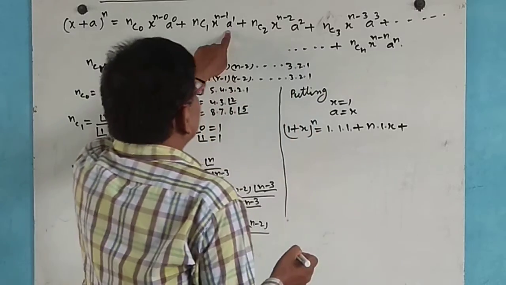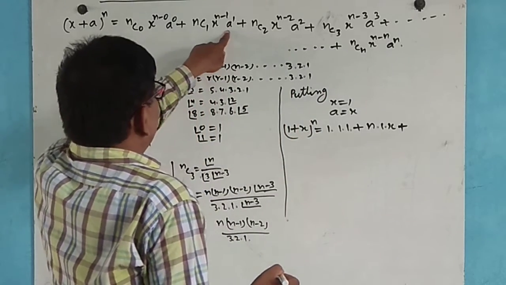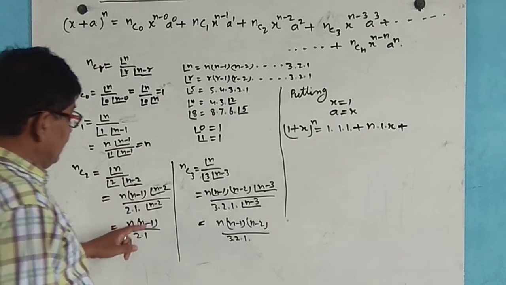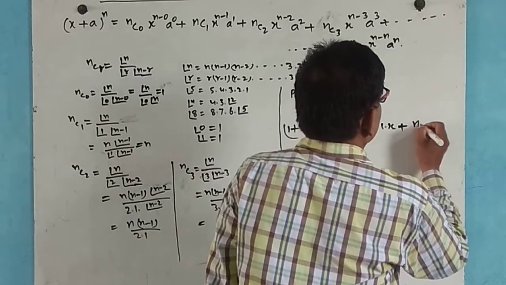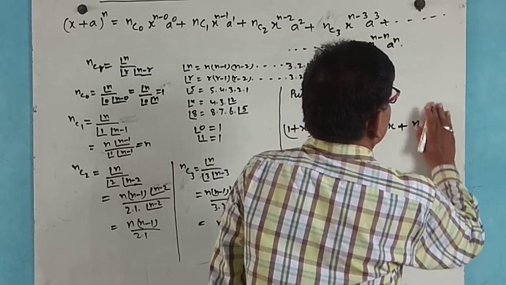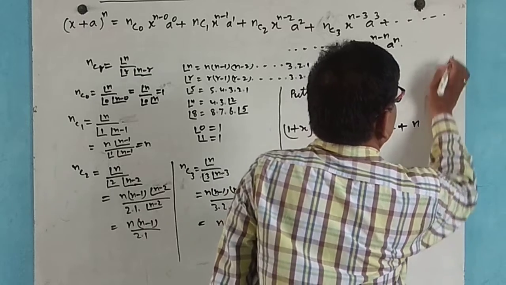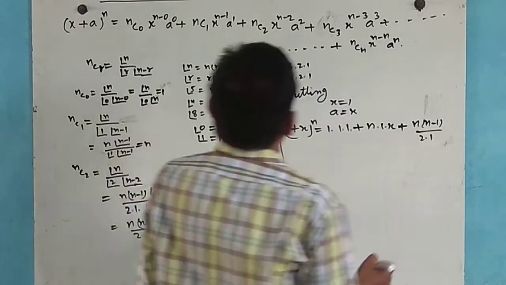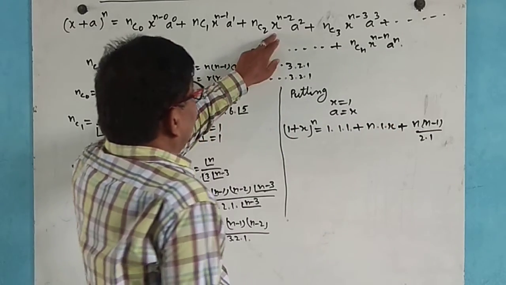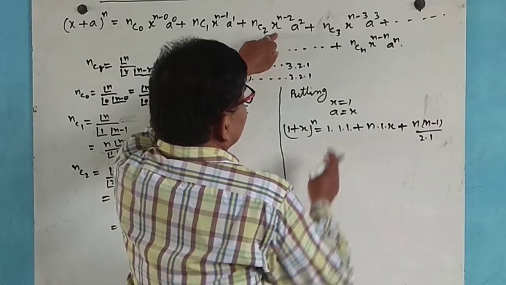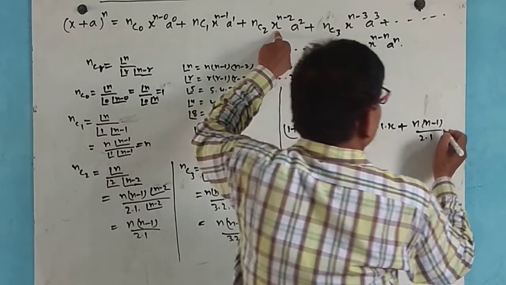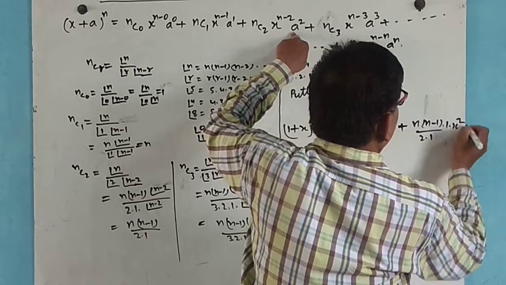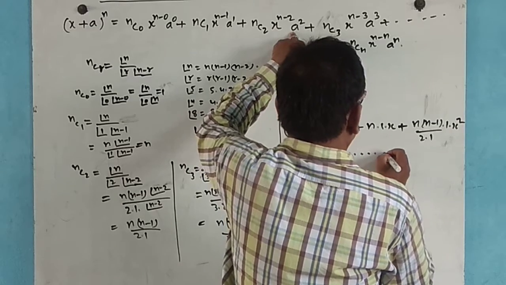Plus nC2, this is n into n minus 1 by 2 into 1, and 1 to the power n minus 2 is equal to 1 and a square, a replaced by x square, plus dot dot.